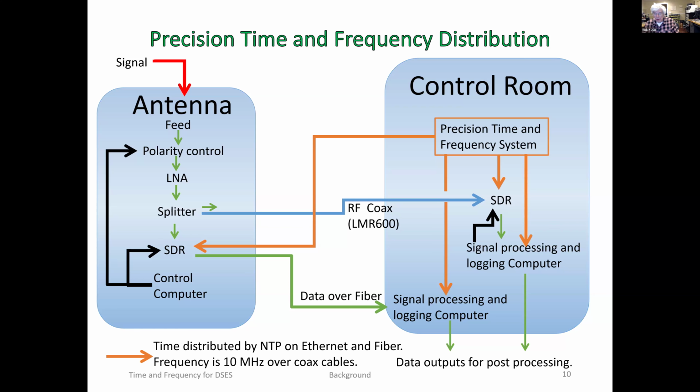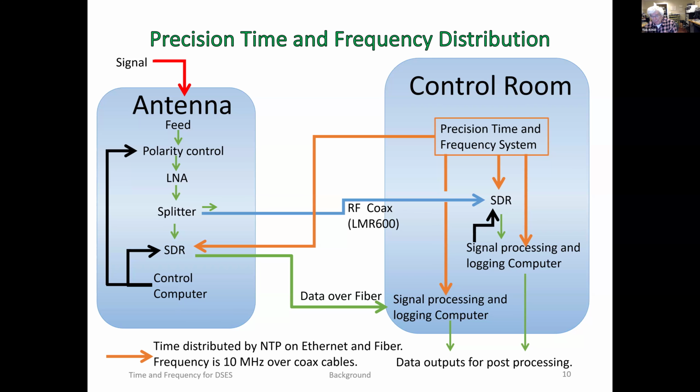So precision frequency is sent to the SDRs to make sure that their ADCs are clocking at the same rate, their internal processes and digital mixers and whatever are all running against a common reference.